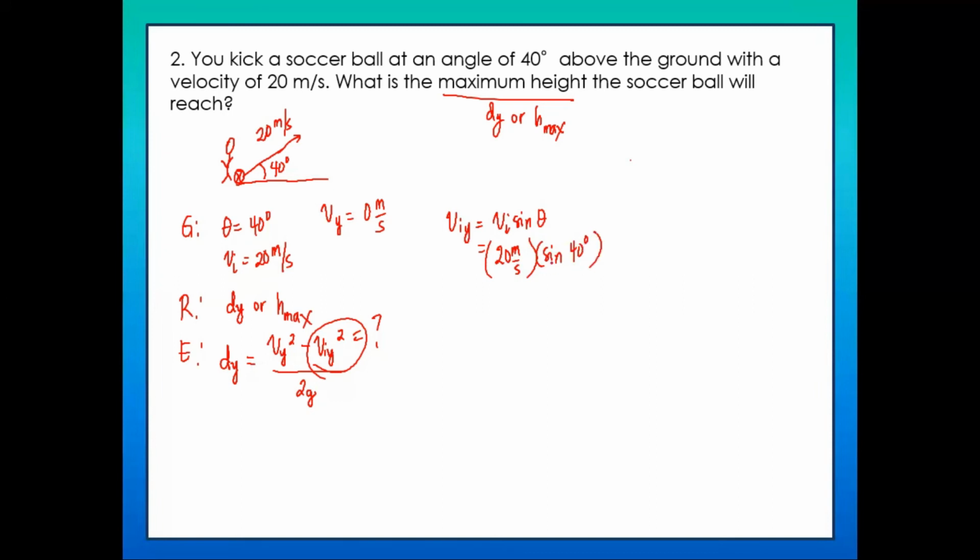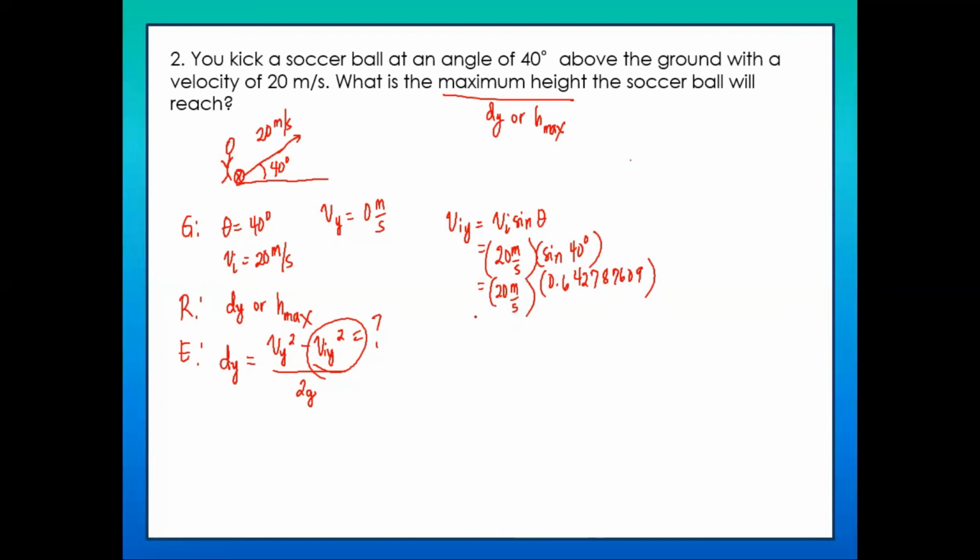Again, press on your calculator sine 40. That gives you, we won't round off yet, 0.642787609. Multiply that to your 20 meter per second.